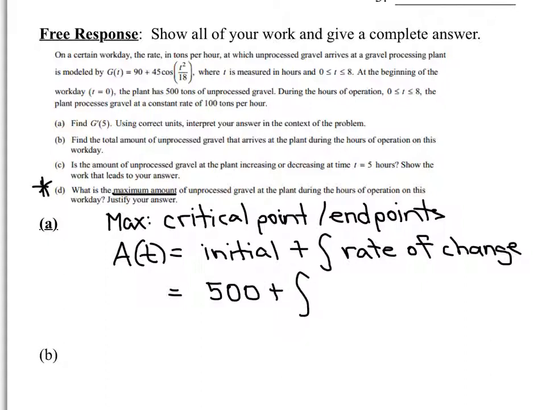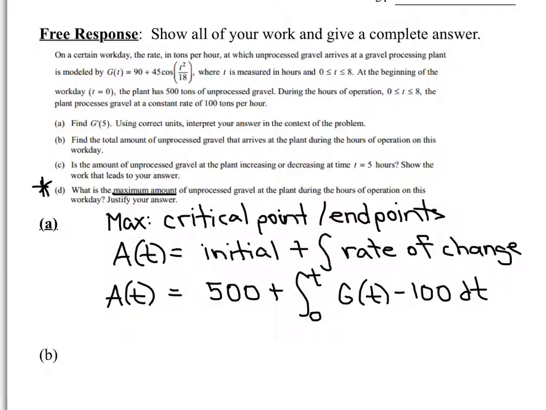The gravel is arriving at a certain rate, and at a rate of 100 tons per hour, we take the gravel and process it, from 0 hours to some unknown t hours. So this is the function to find the amount of unprocessed gravel at the plant at any time t.